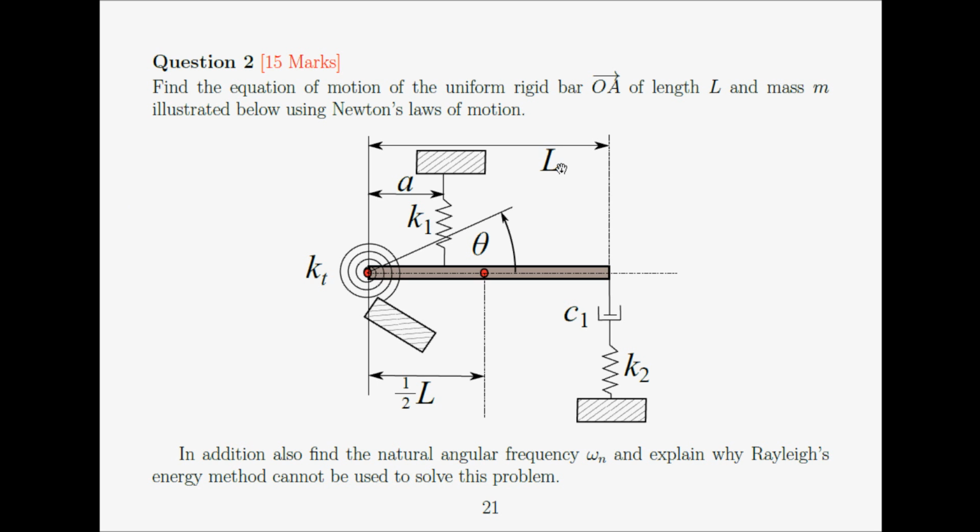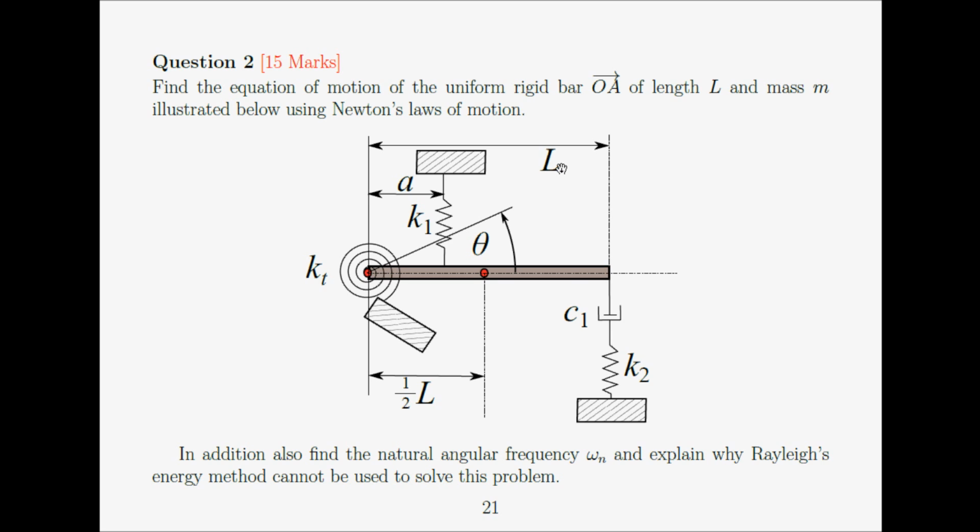Right, moving on to question 2. It's a similar type of problem to question 1. There is a rod, there are some springs, but in this particular problem there is a torsional spring, KT, at the point where the rod is pivoting. So the rod is pivoting at a certain point. There is a torsional spring connected to it.